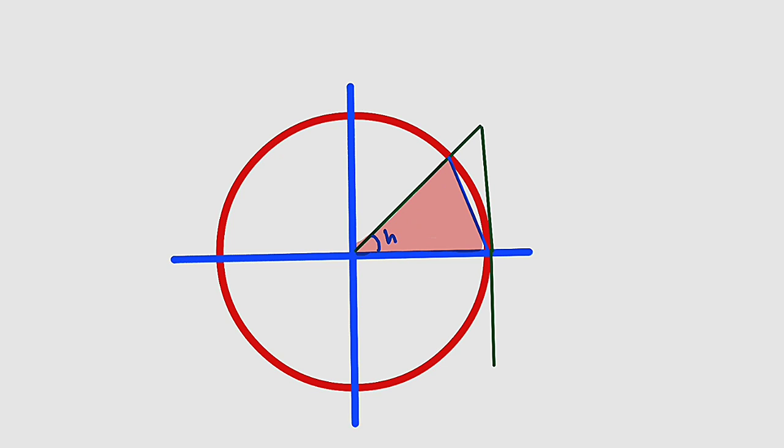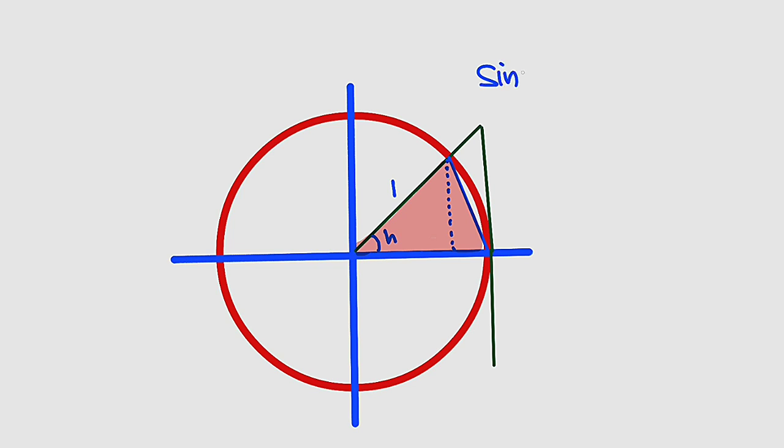You know, the area of a triangle is half the base times the height. So what will be the height? This is going to be our height, which is the opposite to our angle. Remember that the hypotenuse is 1 unit because from the center to every point on the circumference is 1 unit. So how can we find the opposite side, which is going to be the height of this triangle?